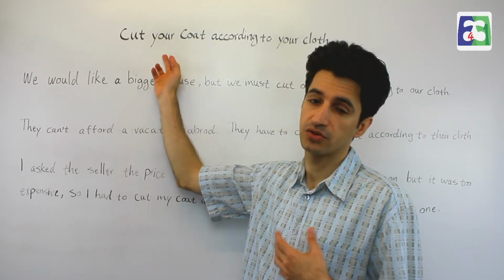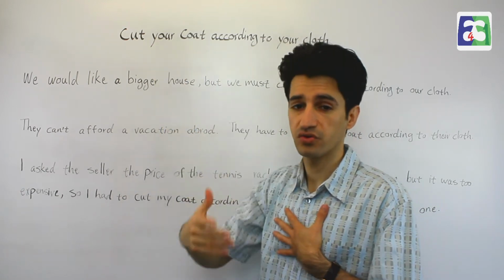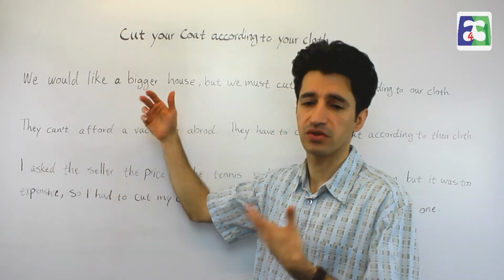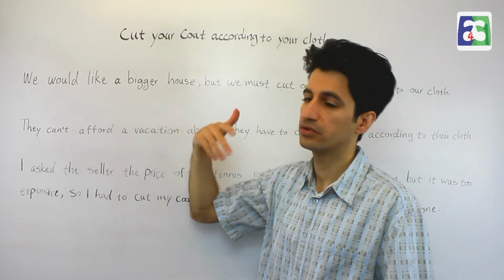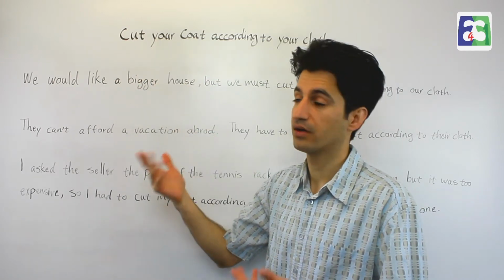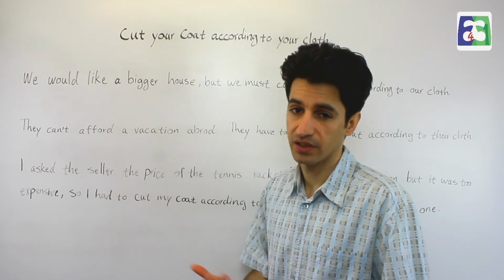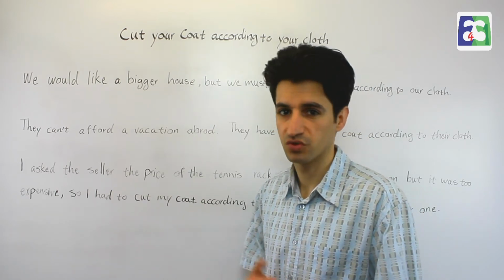I might be talking to myself. I say I should cut, I can't say your coat, I should cut my coat. So I can change "your" to my, his, her, our, and something like this. Change it according to the person we're talking to.